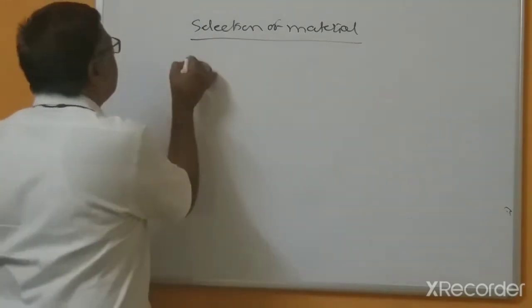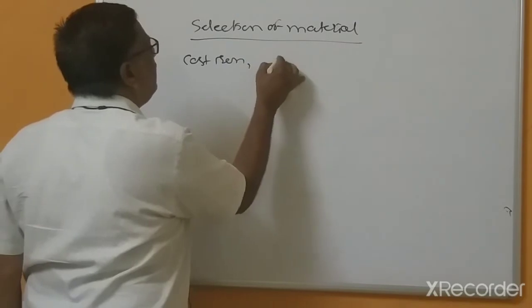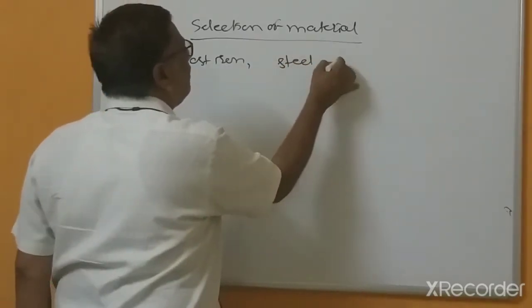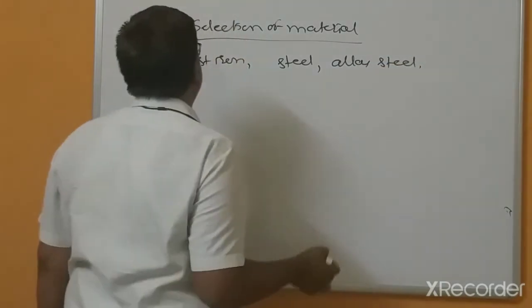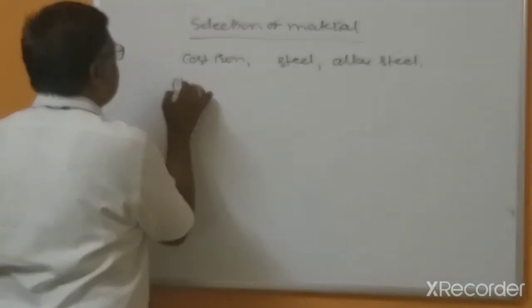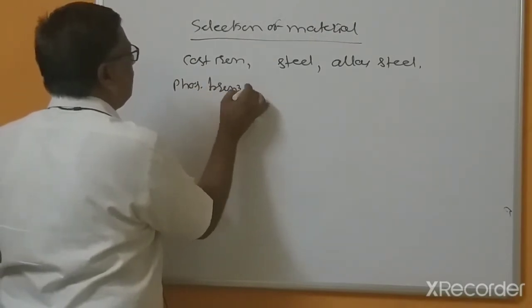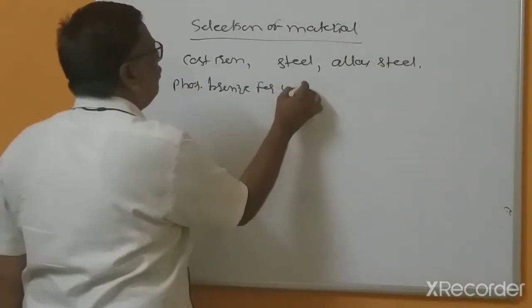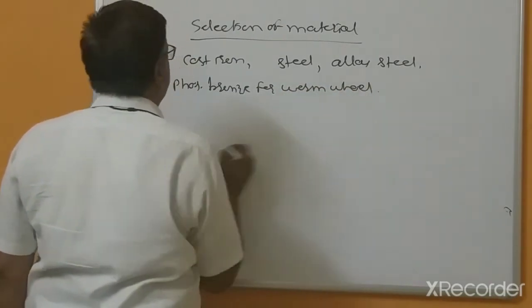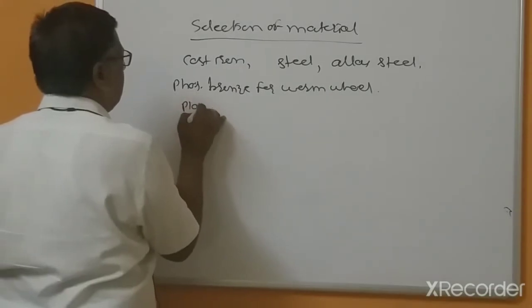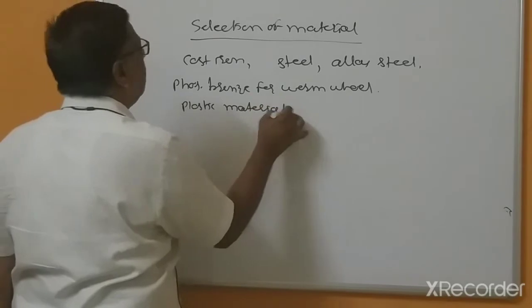So that are cast iron, steel, alloy steel, phosphorus bronze for worm wheel, plastic materials.